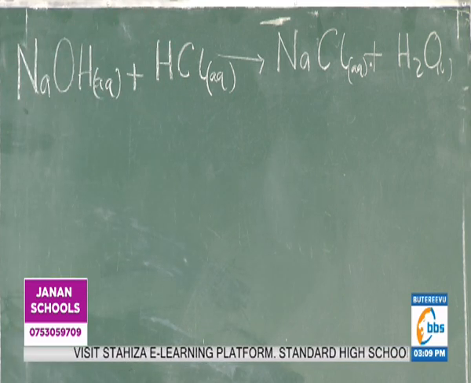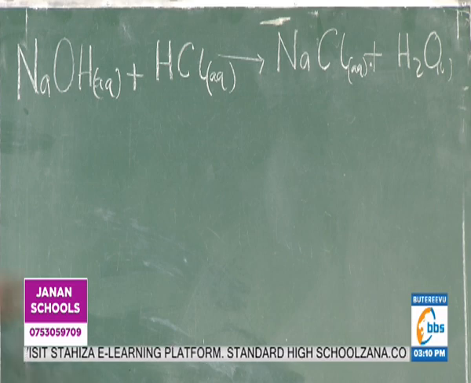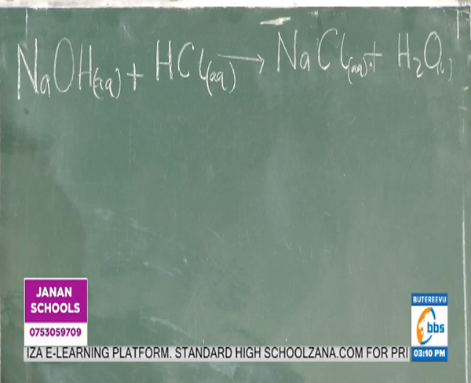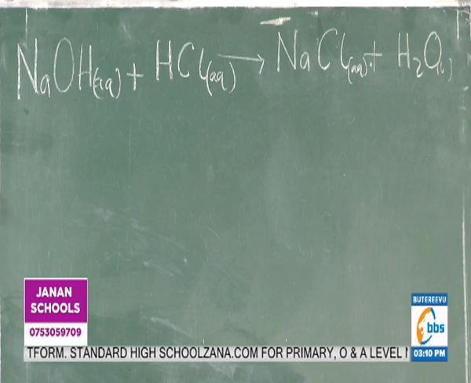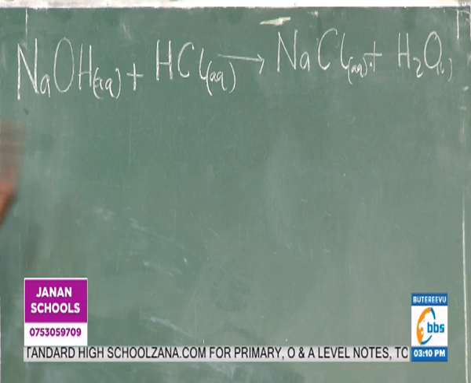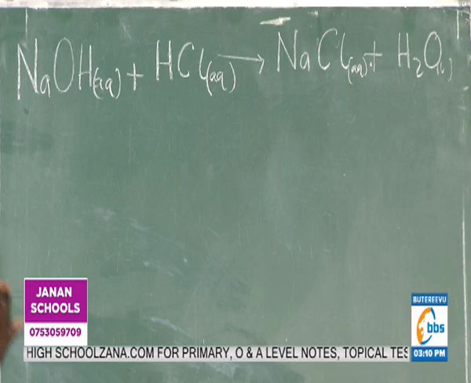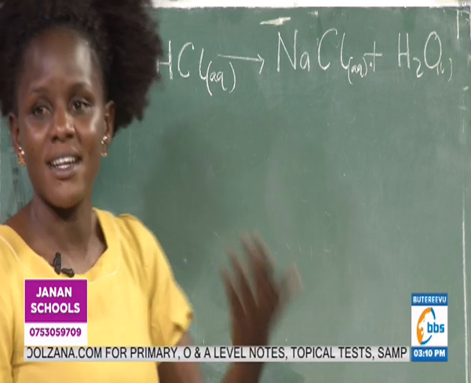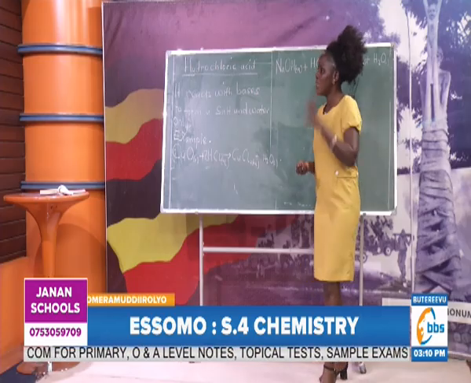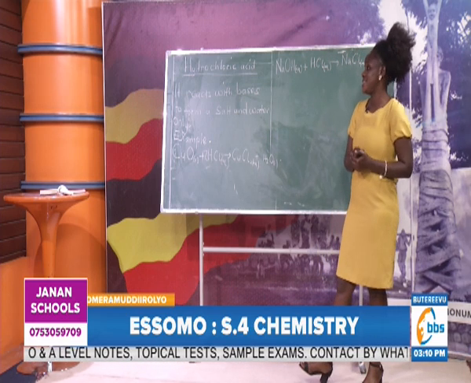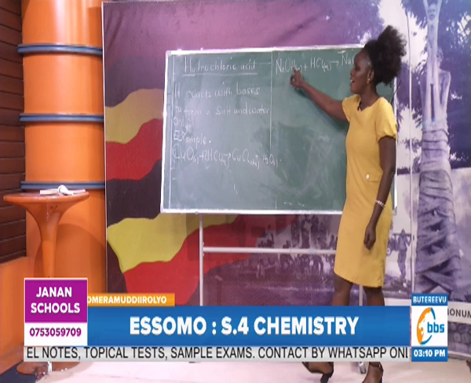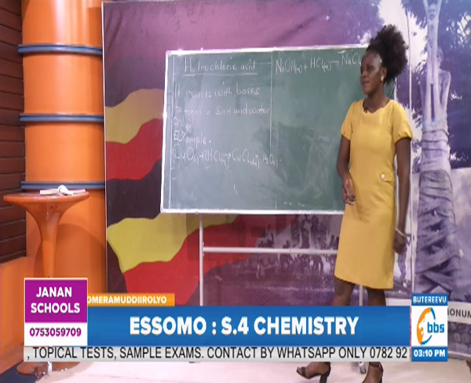Therefore, they may ask for the type of reaction. Even here, they may ask for the observation from our qualitative analysis, or even from our quantitative analysis. We have been using sodium hydroxide. Maybe you haven't gotten a chance to look at it, but the moment you start any practicals, either quantitative or qualitative, you must have met sodium hydroxide.